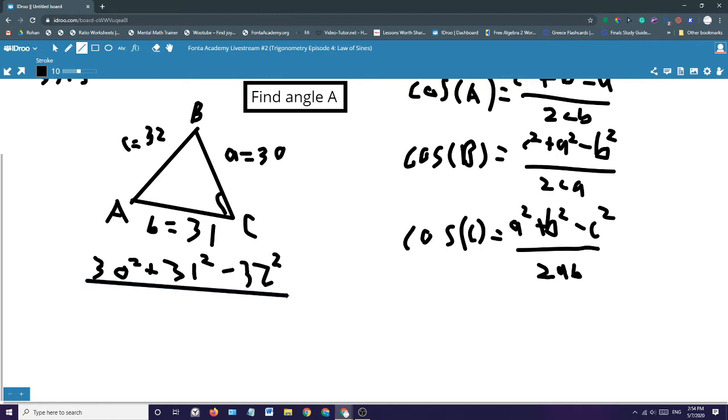This is 2 times a, which is 30, times b, which is 31.